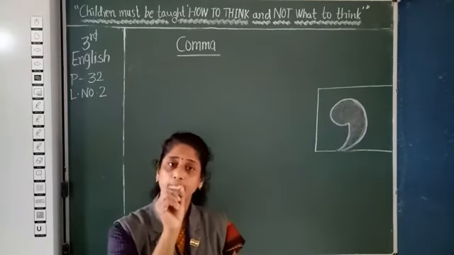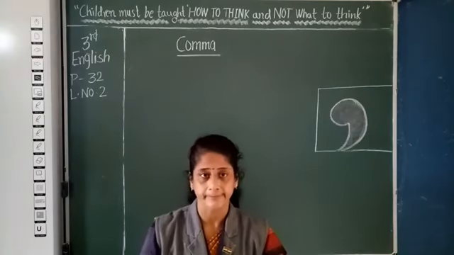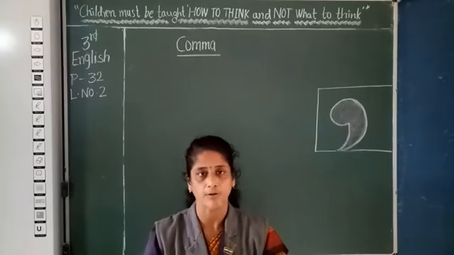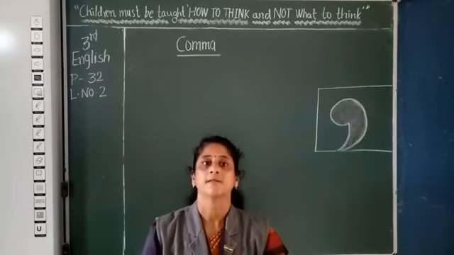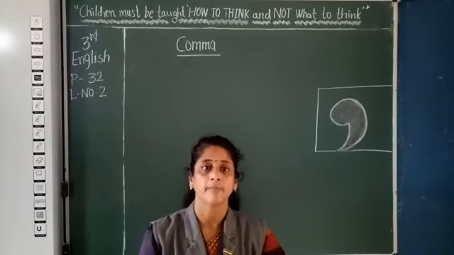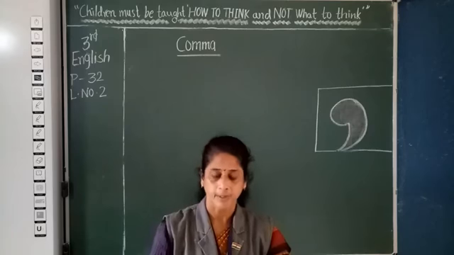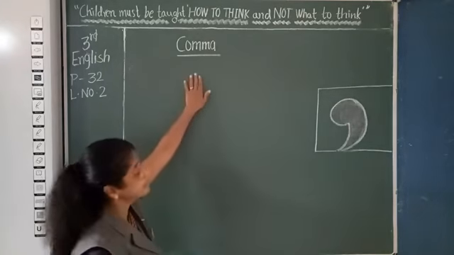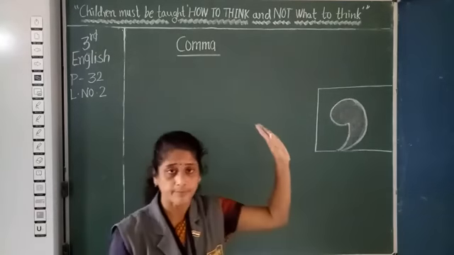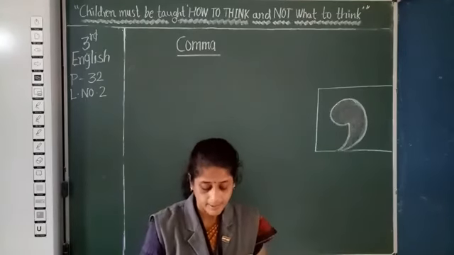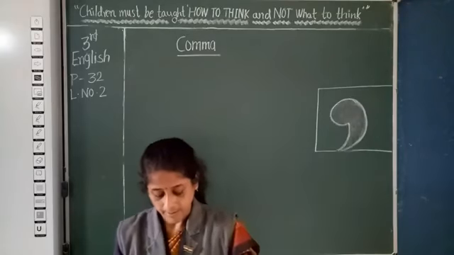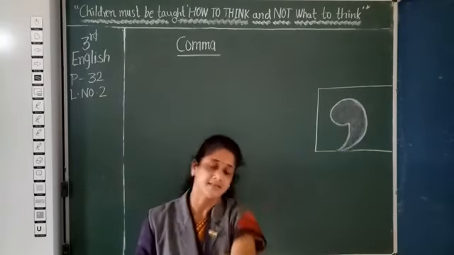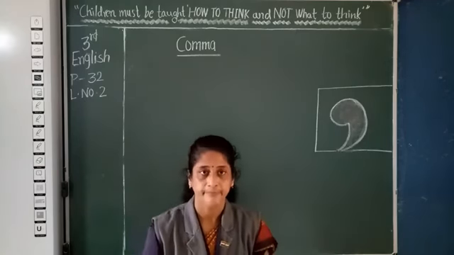I gave a small pause after every item. So when I read and give a small pause between two items, that means there is a comma used over there. Okay, so what is the use of this punctuation mark? Is it very clear?